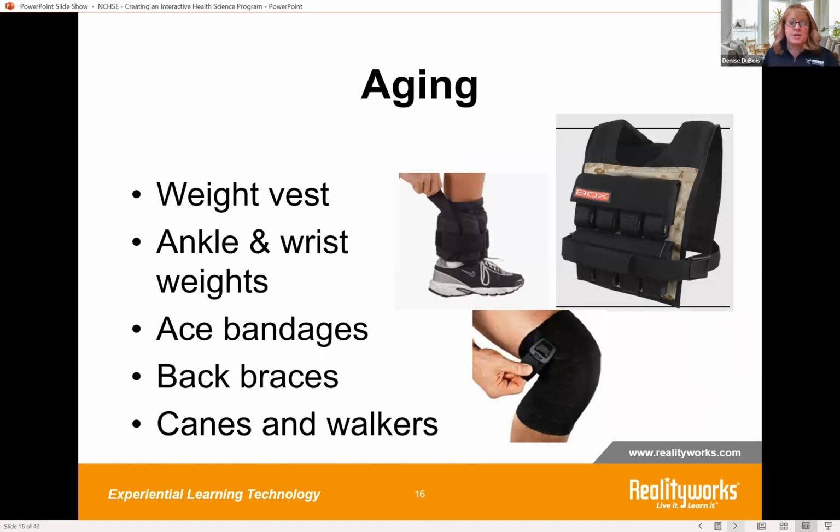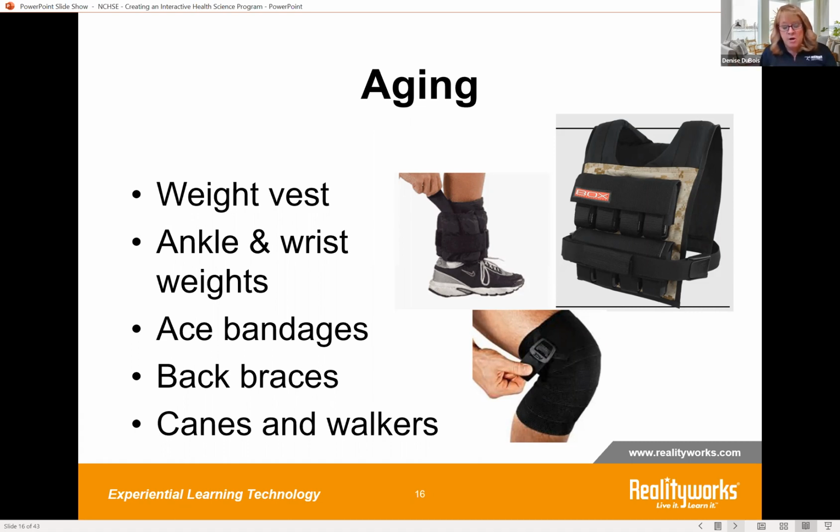So for aging in general, to create your own aging simulation experience, you could gather a series of things from Walmart or even budget online sources that you find, things like ankle and wrist weights, ACE bandages, back braces. We found even weight training vests, along with things like canes and walkers.